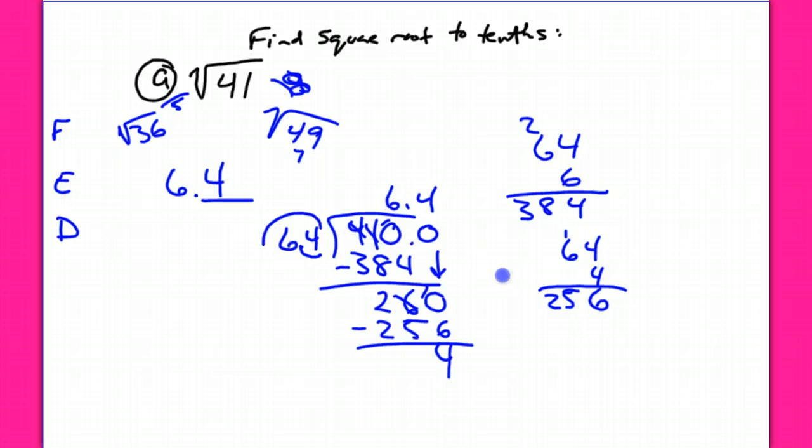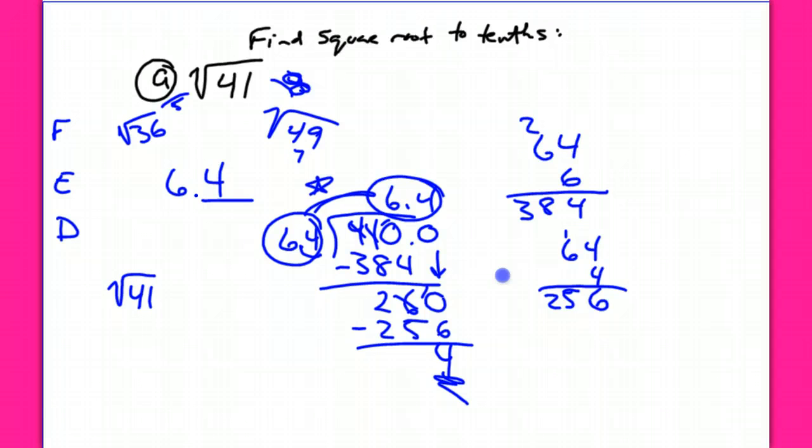But as we look at this, we don't have to go further with our division. Look at this. We have a match to the 10th place. So after having divided, we know that the square root of 41 is approximately 6.4 to the 10th place. Yay, we didn't even have to average.